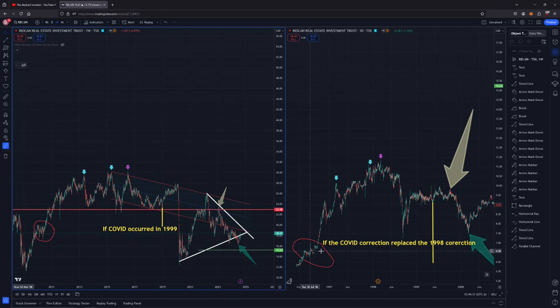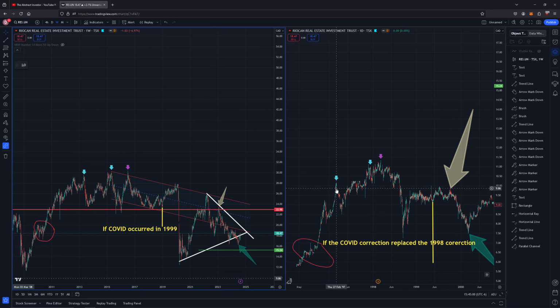And then from there in 1996, we had a run-up, peak, and then a decline, similar to after the great financial crisis. We had a run-up, a smaller peak, a quick decline, and a V-shaped recovery.